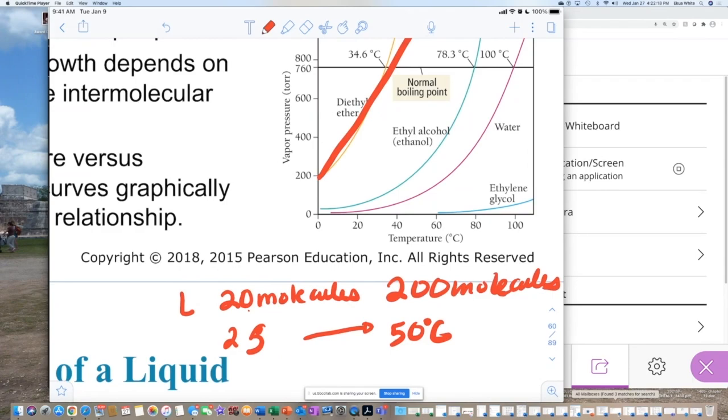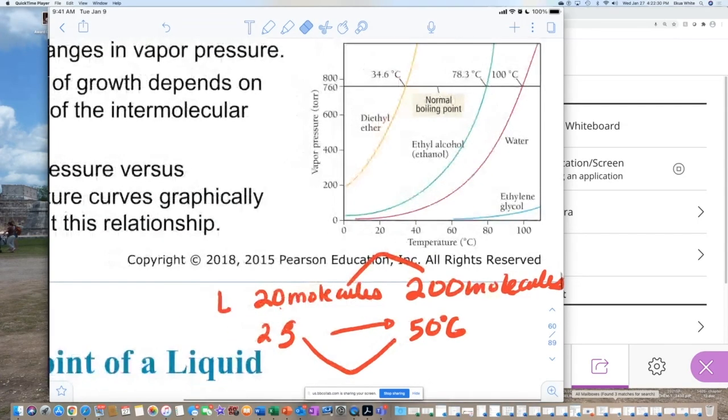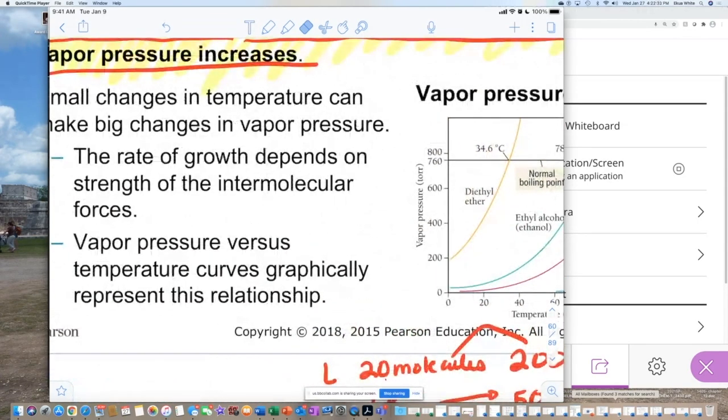So there isn't a direct relationship. It's not direct like that, where you double this number and you double the amount. When you double the temperature, you get more than you expected to be released. That's what it's showing you right here. Okay. So the vapor pressure, oops, sorry.